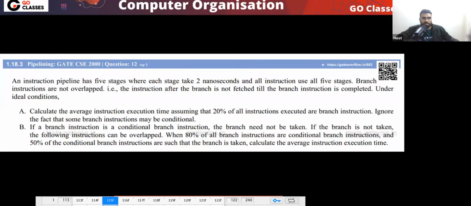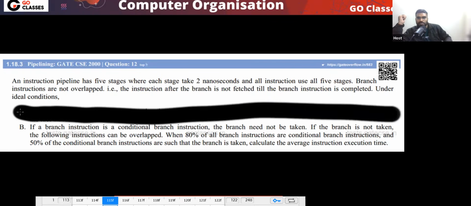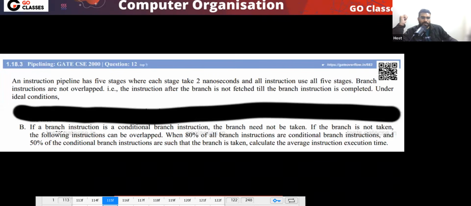Now let's see the second part. Let's solve the second part. Now forget about the first part. What is the second part saying? If a branch instruction is a conditional branch, the branch need not be taken.